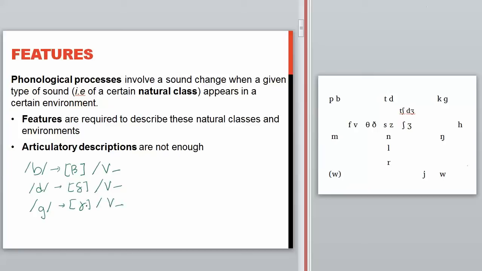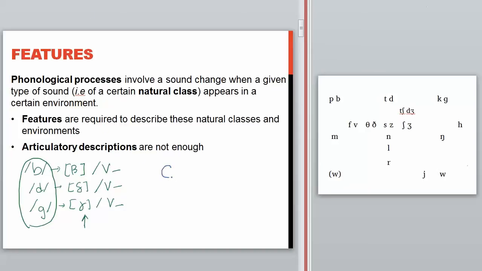Now, instead of saying that we have three separate phonological processes going on here, we can generalize that voiced stops become voiced fricatives following a vowel.